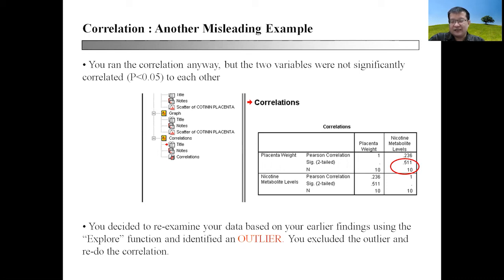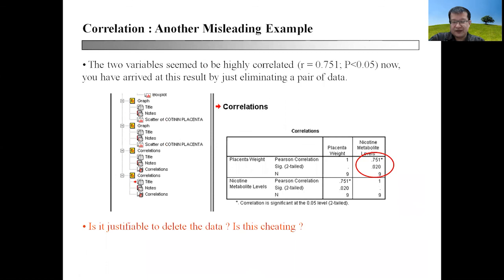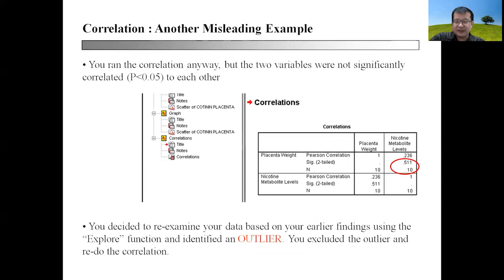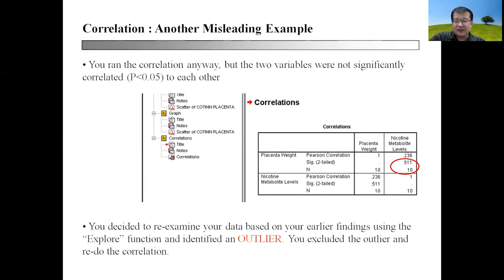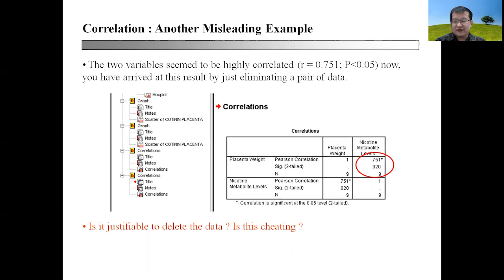So having known that there is actually an outlier, we excluded the outlier by identifying where it was just now. And after excluding the outlier, which is indicated by this particular graph here and here, we notice that the correlation coefficient suddenly becomes statistically significant. And in SPSS, a statistically significant correlation coefficient will always be flagged with a star. The more stars you have, the more statistically significant it is.